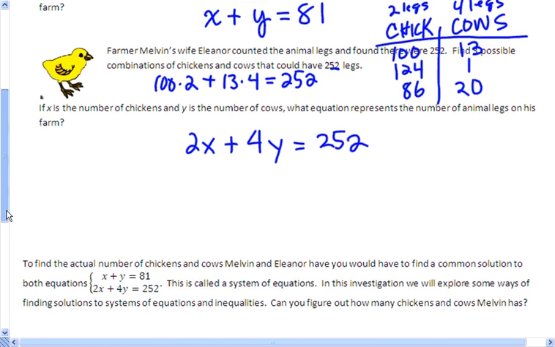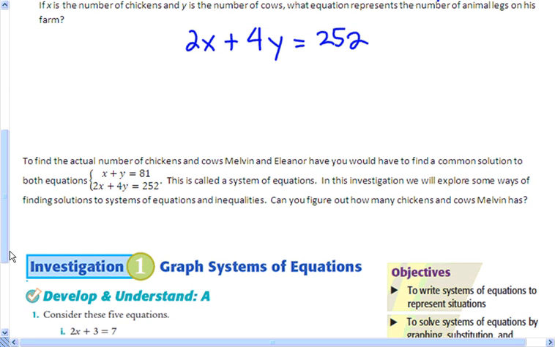All right, now if we put those 2 equations together, we actually can find the number of chickens and cows Melvin and Eleanor have, because we have 2 equations with 2 variables, and there's actually 1 solution for this set of 2 equations. In other words, there's 1 number of chickens and cows that both has 81 heads and has 252 legs.